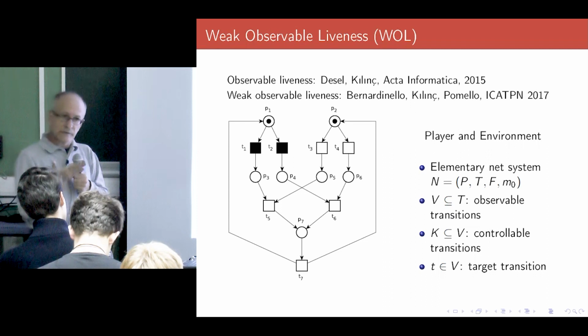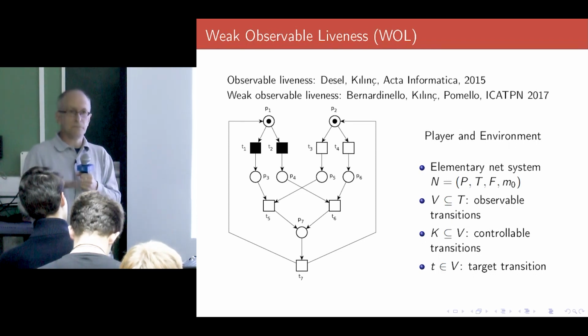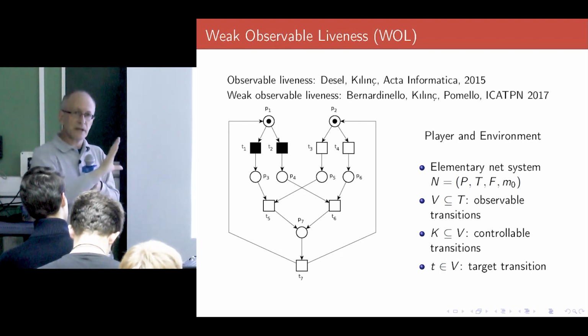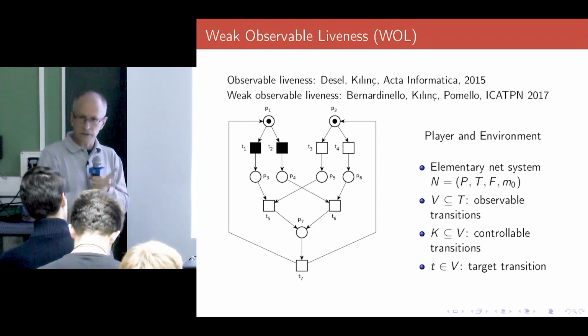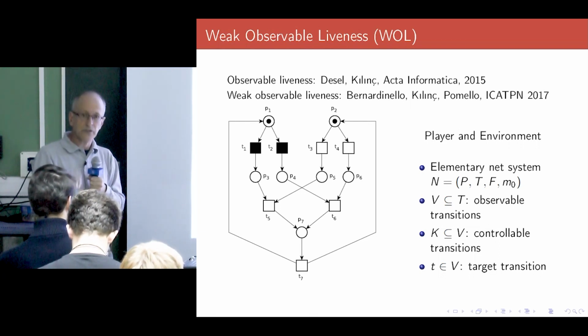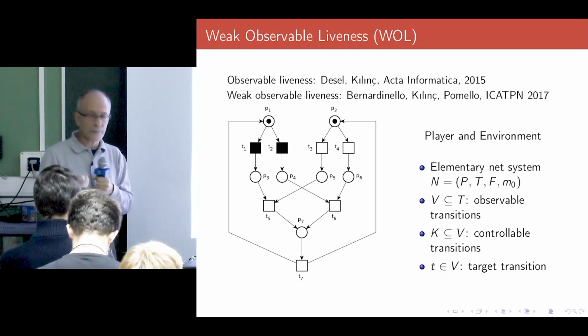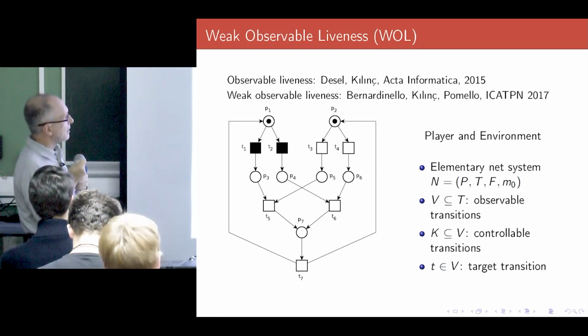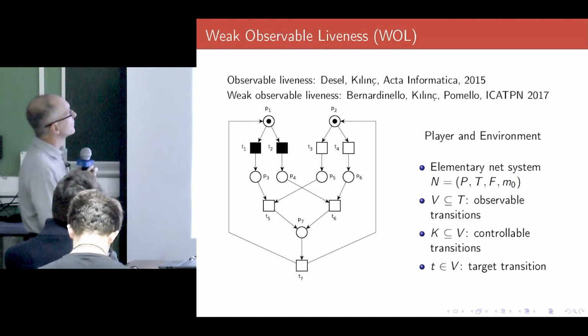In order to check if this notion of game is meaningful, interesting, useful, we took a problem that had been defined independently of this idea of game and tried to apply this idea of game to that problem. The problem is called weak observable liveness and can be described like this.